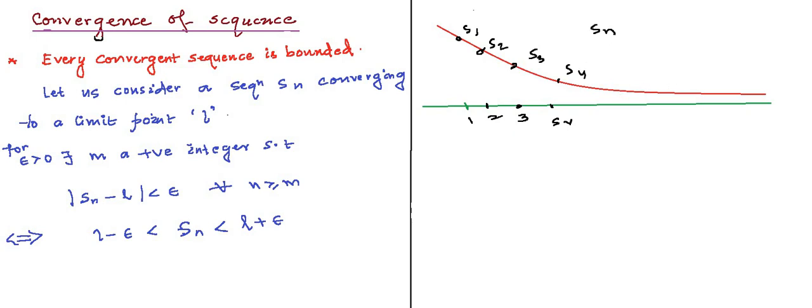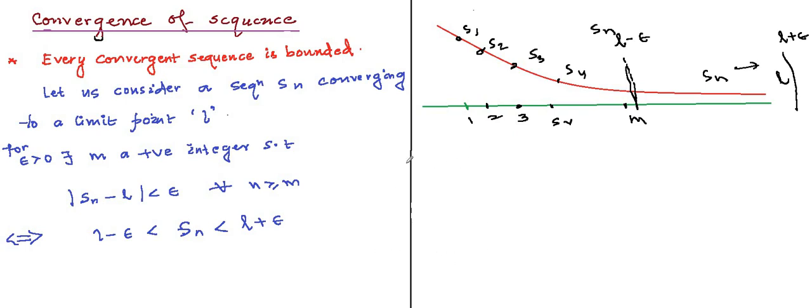According to the definition, suppose this is my particular value m, and Sn is increasing and going to a particular value L. From this value to this value, Sn is lying. It means that it is lying between L minus epsilon and L plus epsilon.